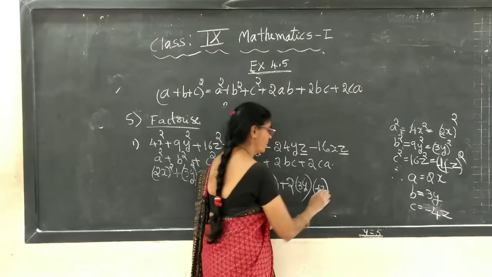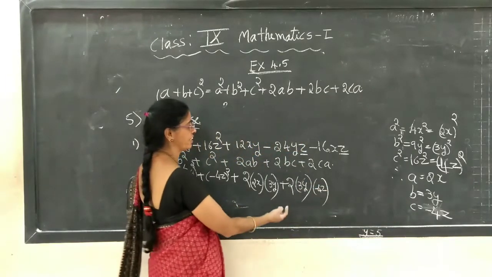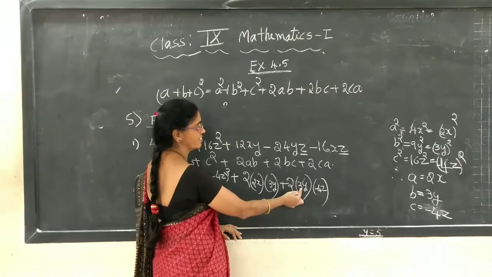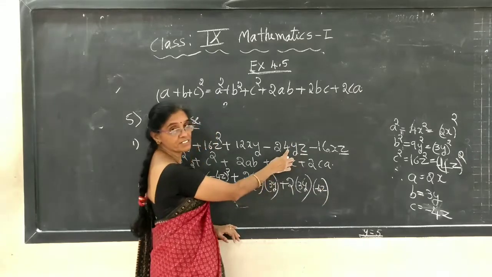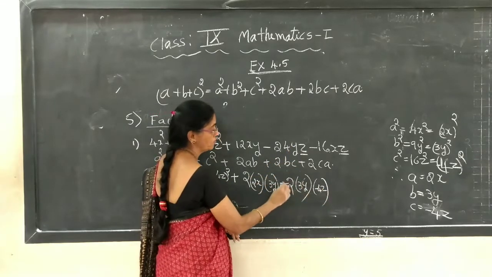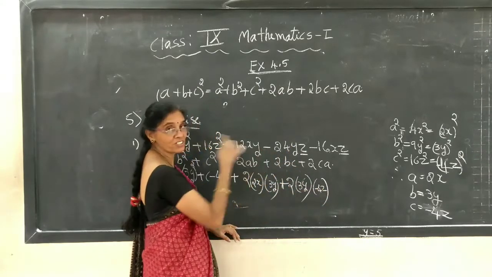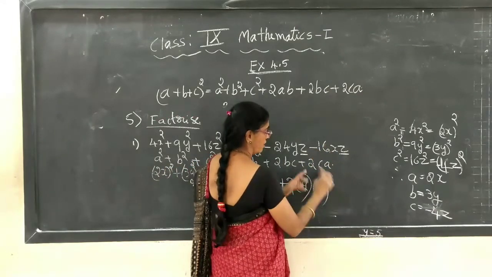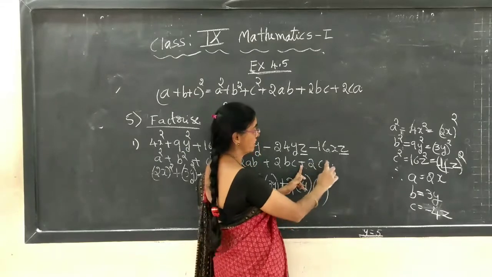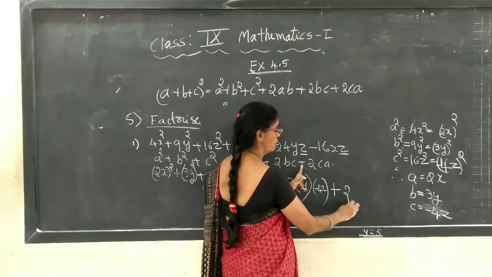If you want to check your answer is correct, you can multiply and see. 2 3s are 6, 6 4s are 24, y into z, yz, plus into minus, minus. So correct, same number you will get. Now the last term is 2ca, 2 into c.